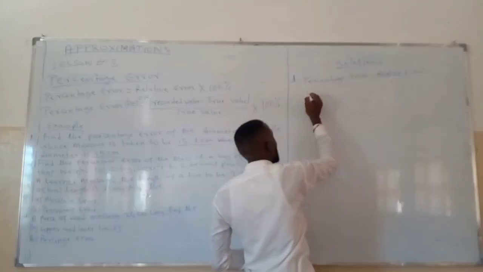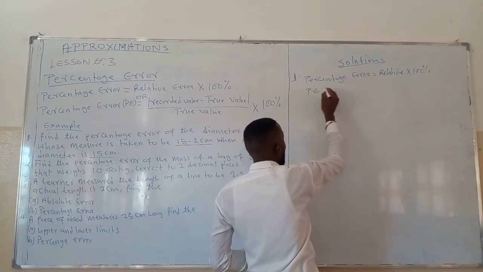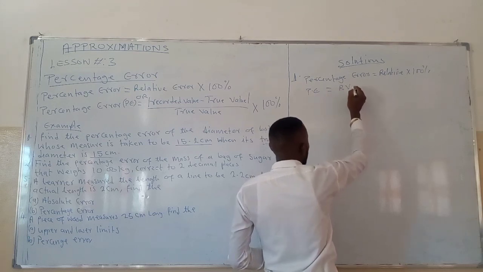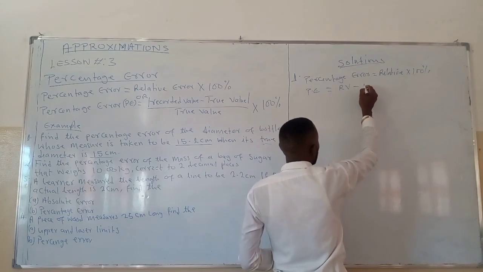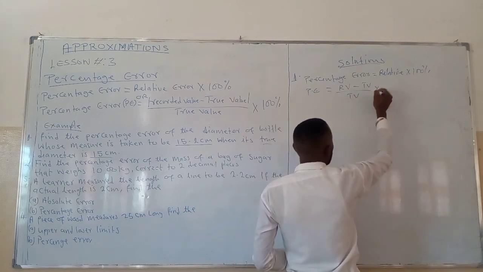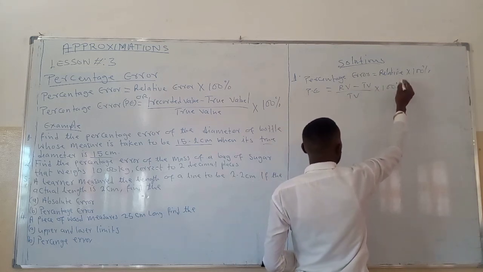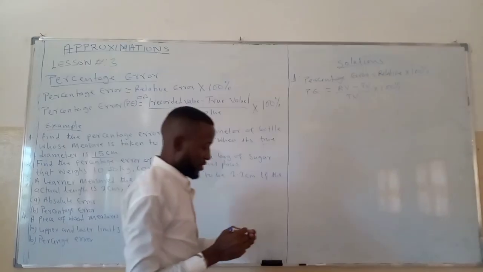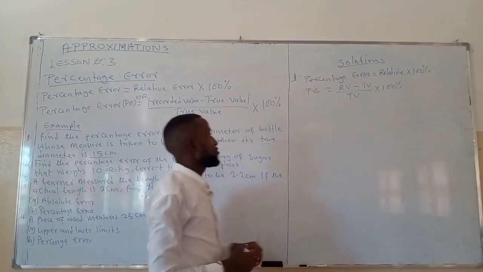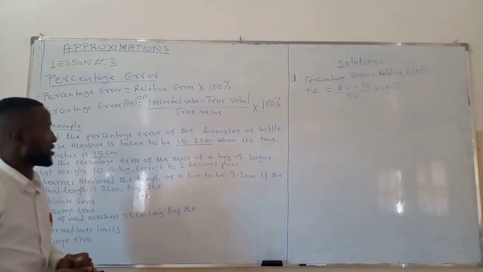Or alternatively, percentage error is going to be recorded value minus true value, divided by true value, times 100%. We choose which formula to use from there. This one I've just abbreviated; we can use it like that if you memorize it and know it.